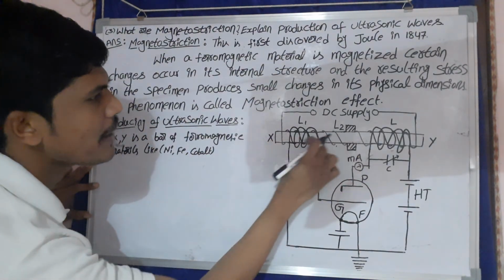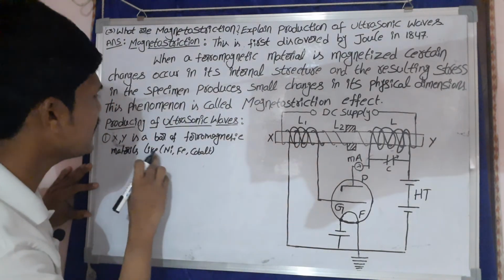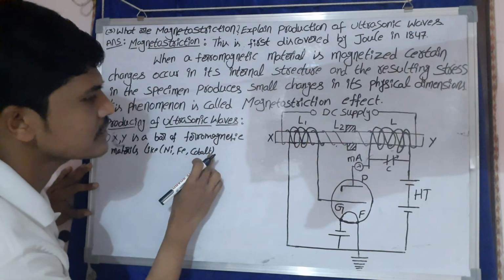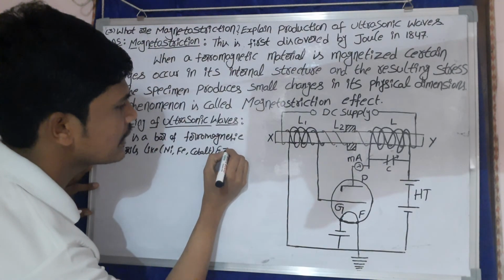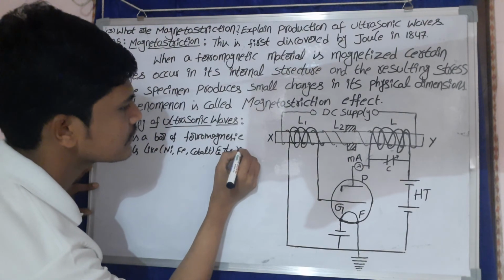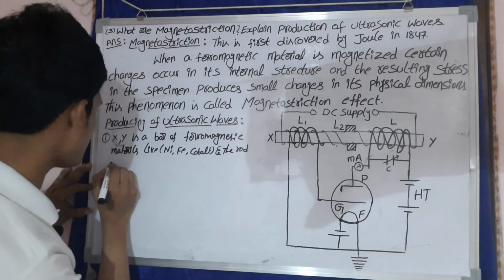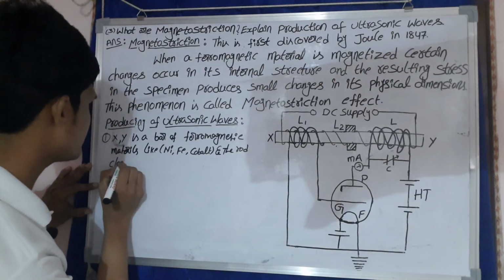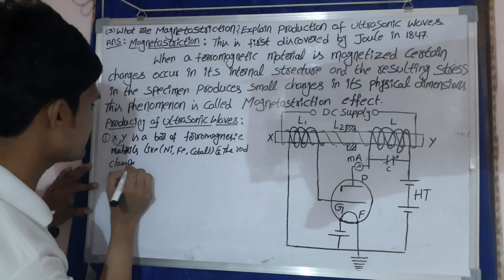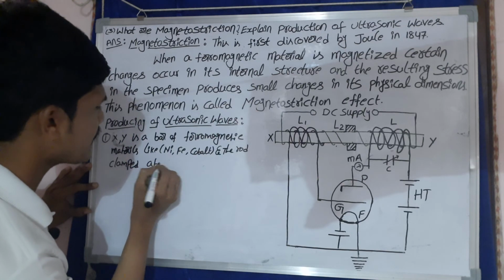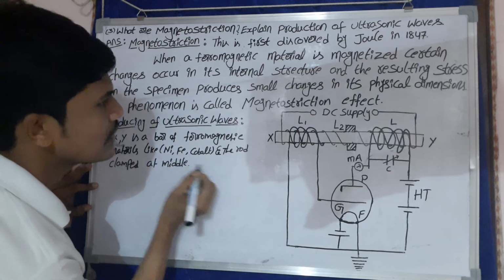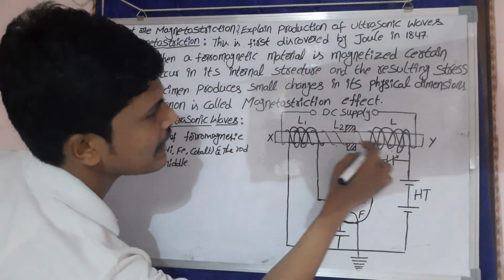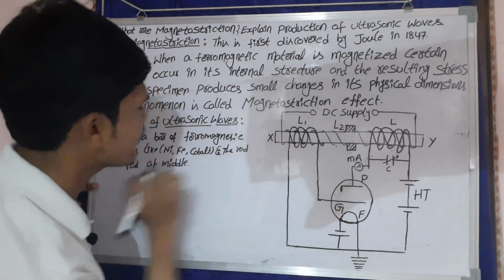This is a ferromagnetic material like nickel, iron, cobalt, and the rod is clamped at the middle.